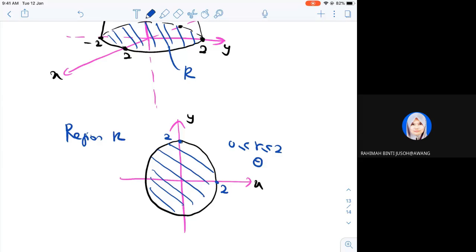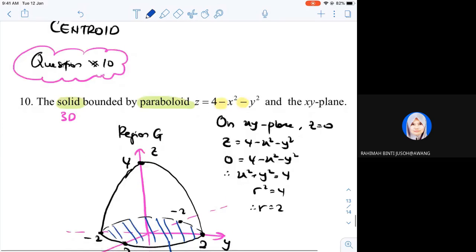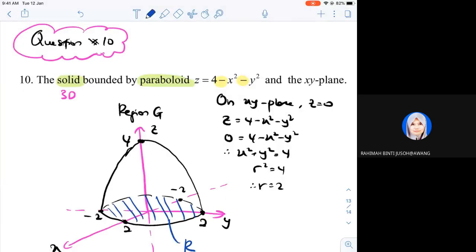And how about theta? Complete circle. We will have 0 until 2 pi. Okay. So now, ni triple integration sebab dia solid 3D. So triple integration.